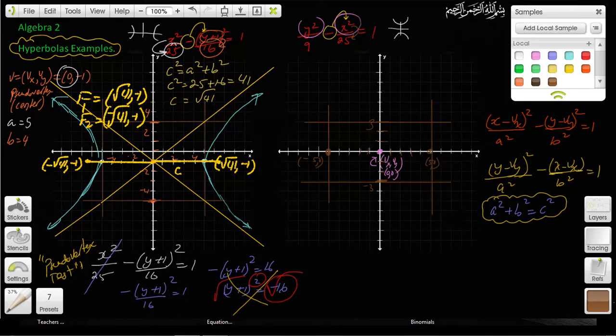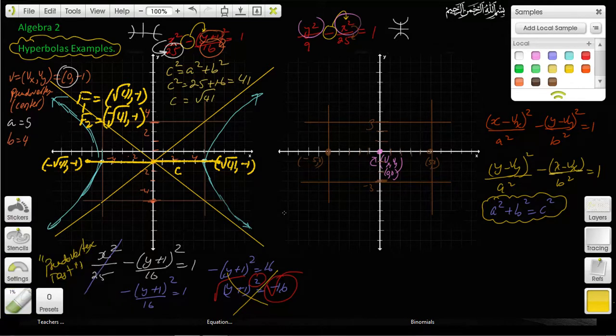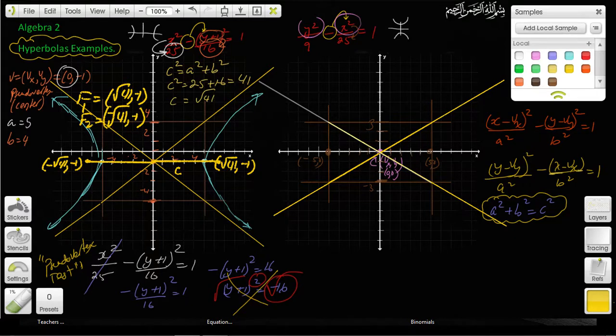All right. Then I can make my asymptotes. Here it is. You got an idea? How about that? Pretty cunning, huh? All right, here we go. Asymptotes. All right, now we have the asymptotes. Now we're ready to graph.